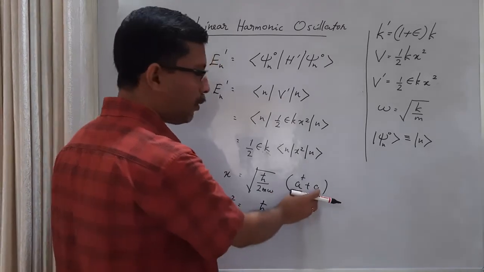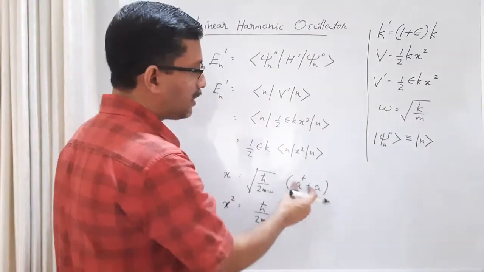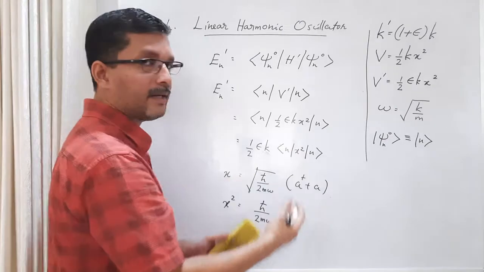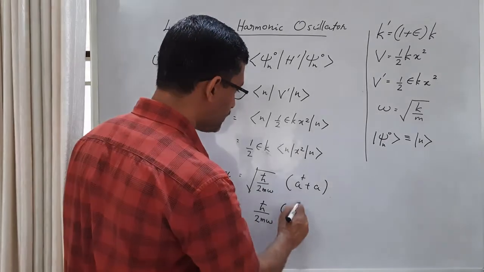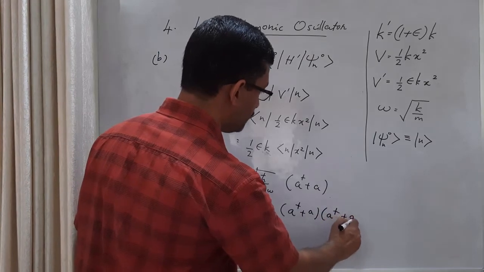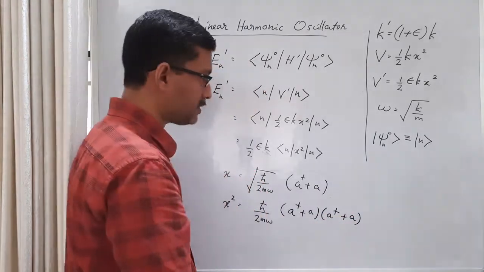But this is an operator. In particular, a and a dagger are non-commuting operators, so we cannot simply take a dagger plus a whole square. We have to operate it twice. So a dagger plus a into a dagger plus a.